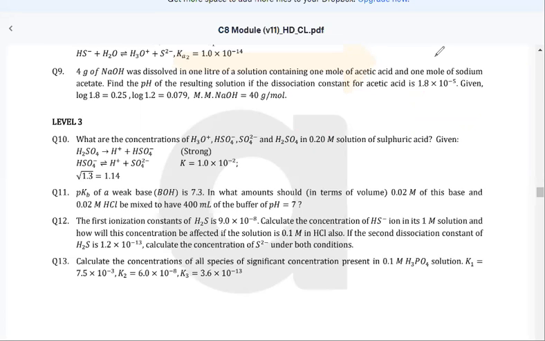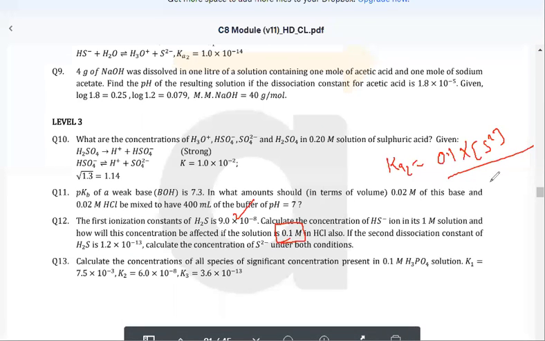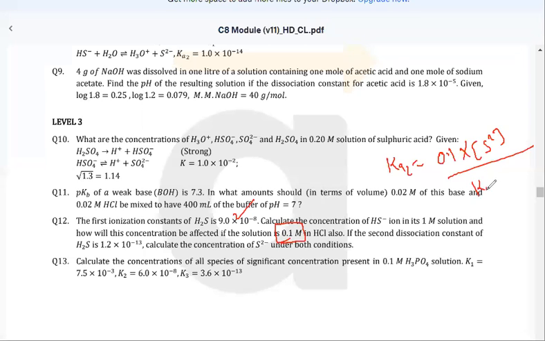In the absence of HCl, S2 minus is same as Ka2. But in presence of HCl, you will use the HS minus concentration that we have calculated from the first one, and H plus is 0.1. So Ka2 is equal to 0.1 into concentration of S2 minus, where now the HS minus we have calculated from Ka1, which was Ka1 into 1 divided by 0.1.